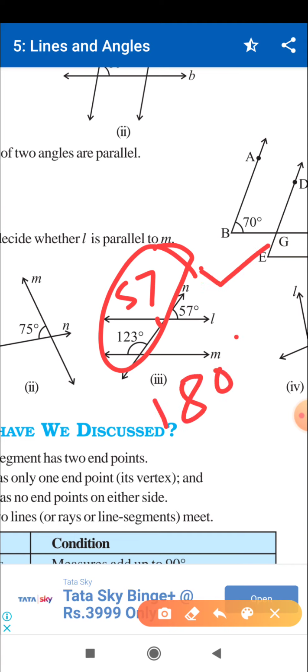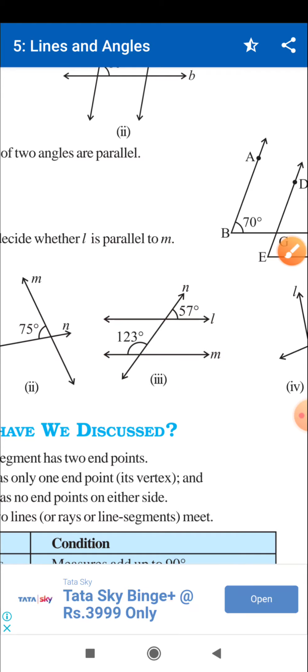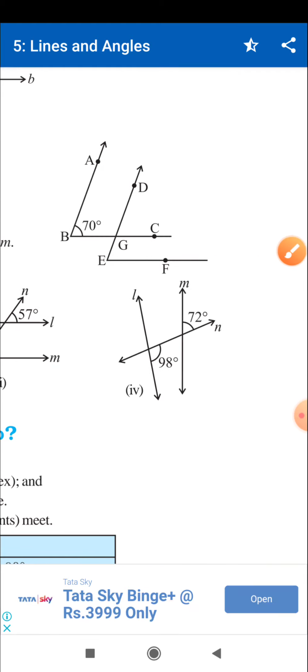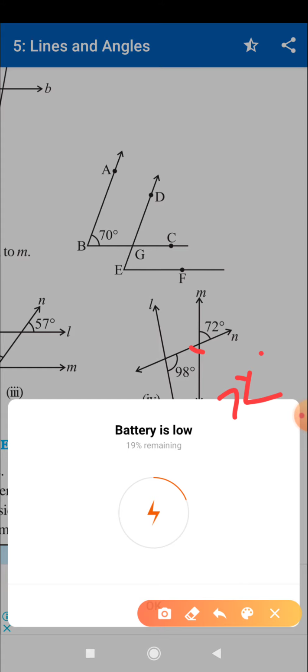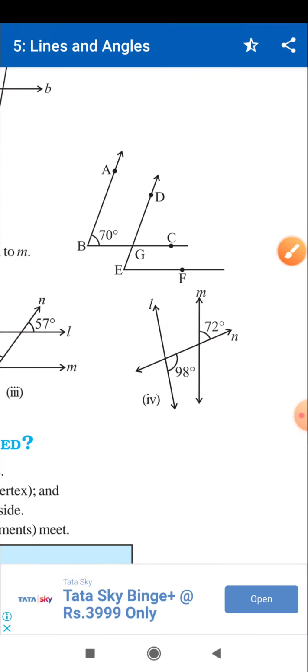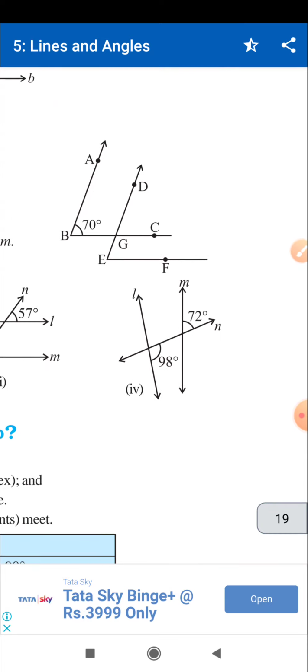So in this diagram, L is parallel to M. In the last part, first we write this angle 72 degrees by the vertically opposite angle property. Then we add 98 and 72 degrees, the sum of co-interior angles, and their sum is not equal to 180 degrees. So in this diagram, L is not parallel to M.